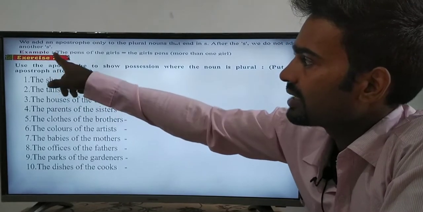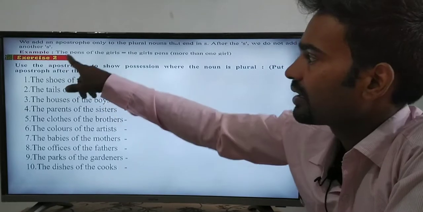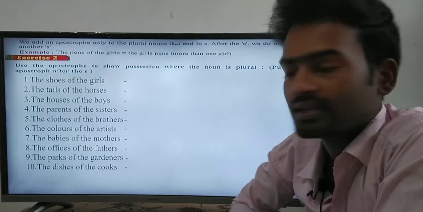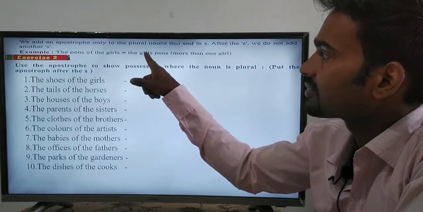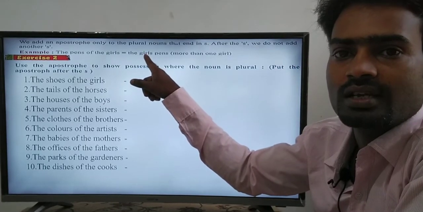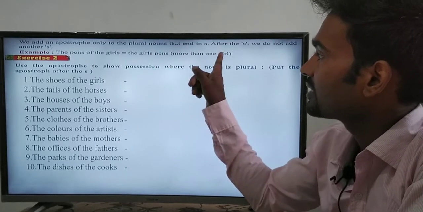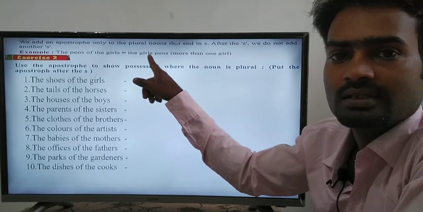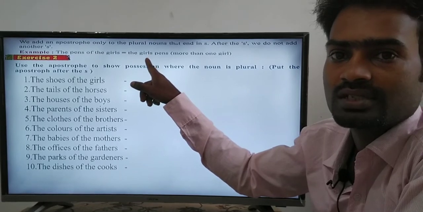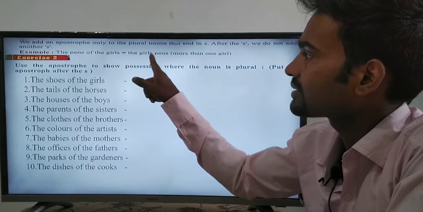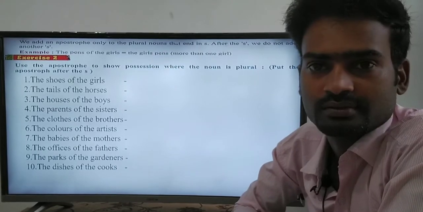Here they have given an example: the pens of the girls. See here, the girls is already plural, okay? Girls' pens, more than one girl. Why? Because the noun ends in s, so it is already plural. So we should not add one more s here to make it a possession, right?